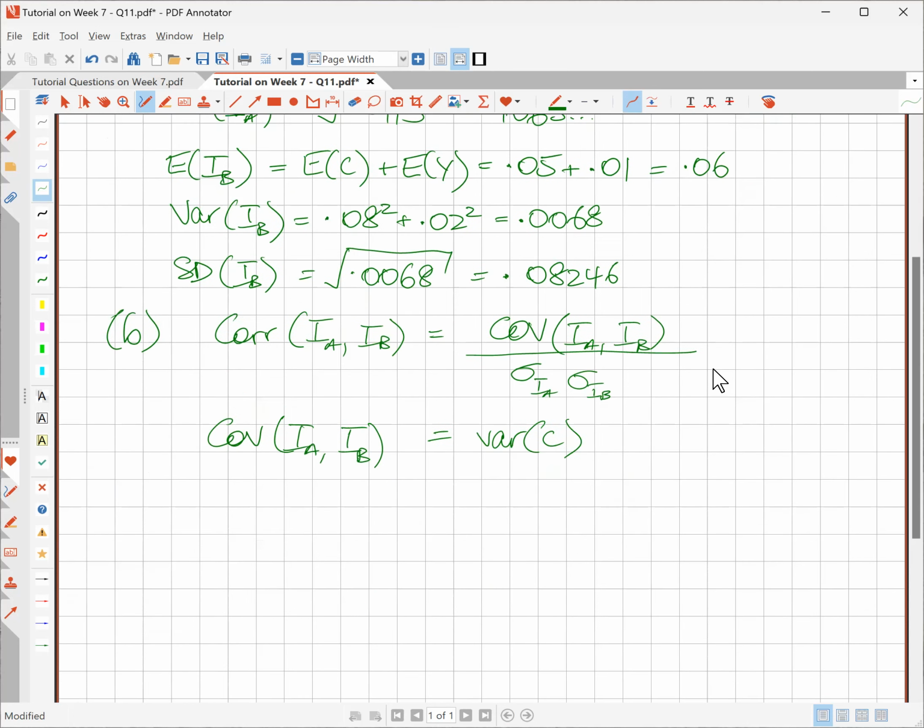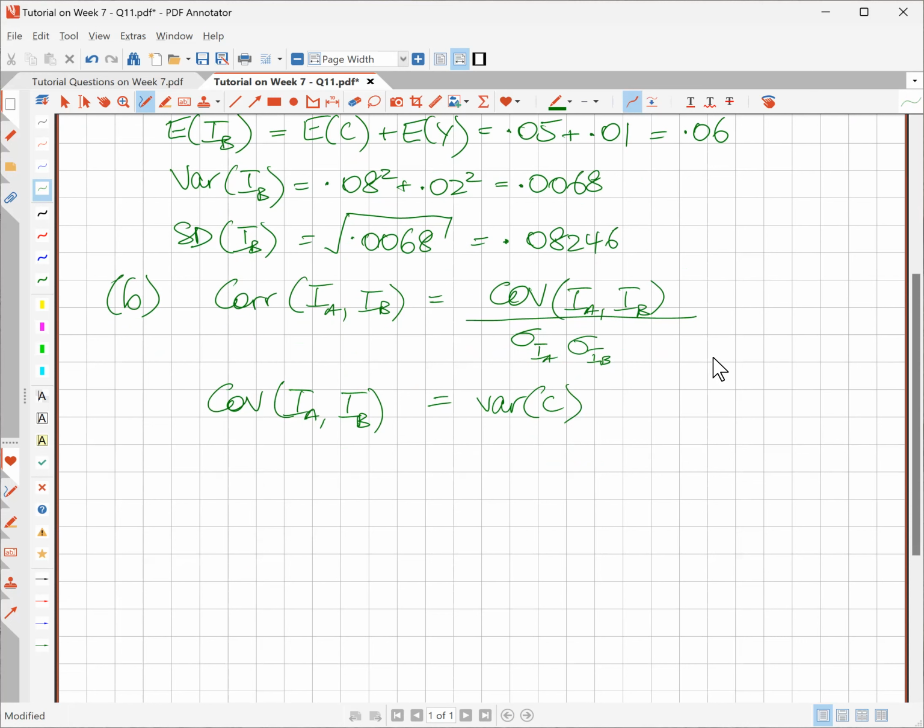On the other hand, you could go and unpack this properly. So you could say, well, this is going to be evaluated as the expectation of the product of the two variables minus the product of the respective expectations.